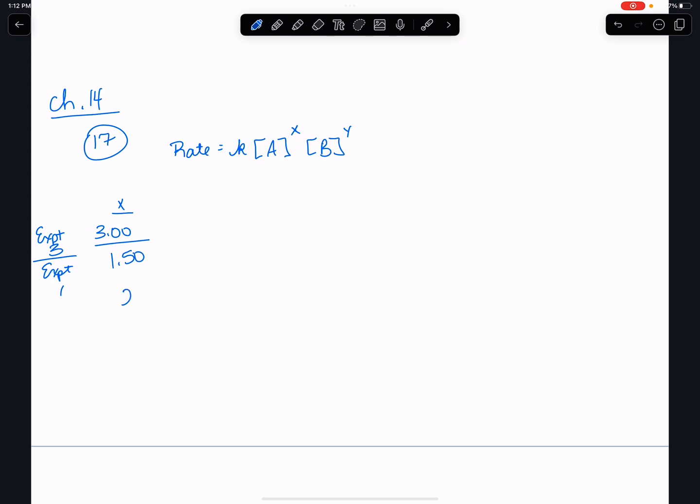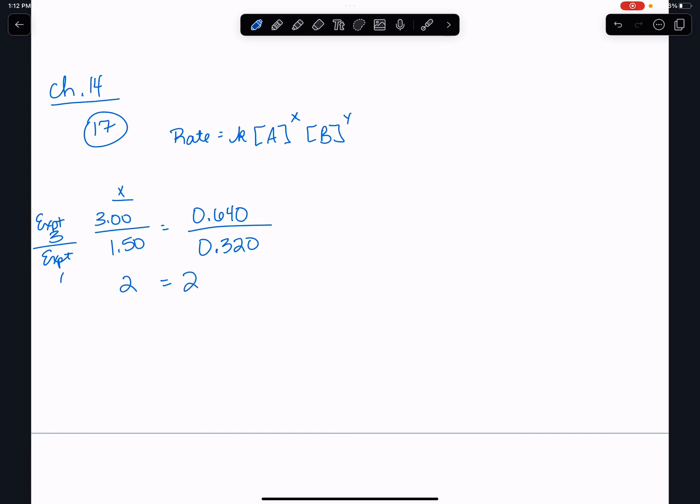So that's doubled. And then we compare those rates. The rate for experiment 3 is 0.640. I'm just taking it out of scientific notation. And the rate for experiment 1 is 0.320. And so I can see that that doubles. 2 raised to what power is 2? So that tells us that x is equal to 1.